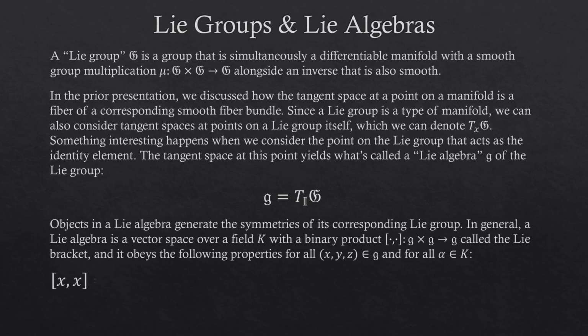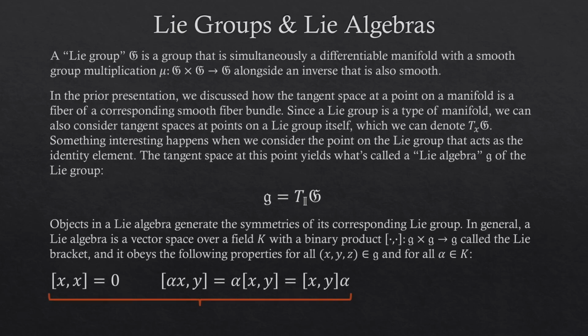So if we take the Lie bracket with x in itself, we get back 0. But if we have a scalar constant we'll call alpha, then alpha acting on x with y inside of that Lie bracket is equal to alpha acting on the Lie bracket of x and y from the left, or the bracket of x and y with alpha acting on it from the right.